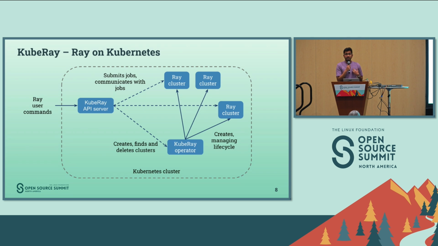While I love YAML, most of our users actually hated it for some reason, so we had to find a workaround for them. We did this using the KubeRay API server, which allowed our users to make normal, simple API requests that were then translated into YAML custom resources, which the operator managed. This isn't a deep Ray talk. I think there's a keynote on Ray tomorrow as well, so definitely check that out.